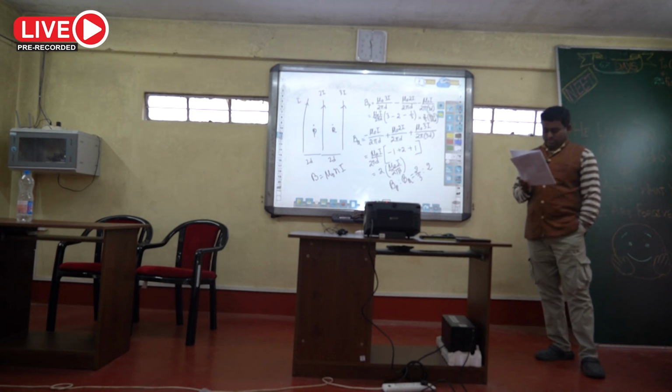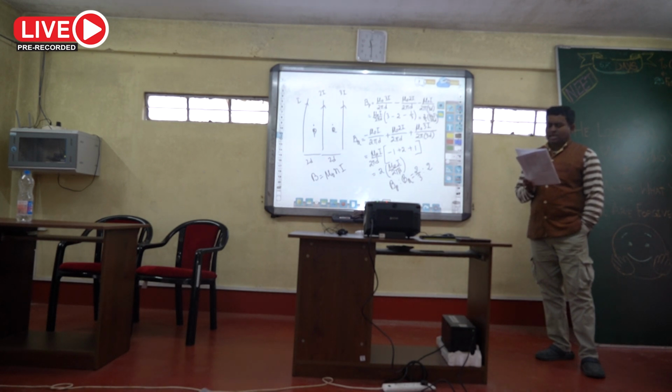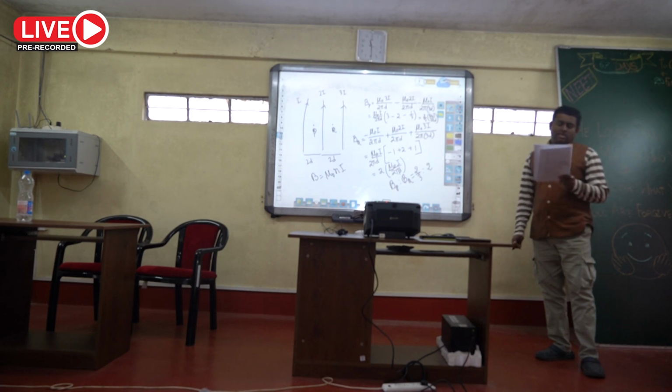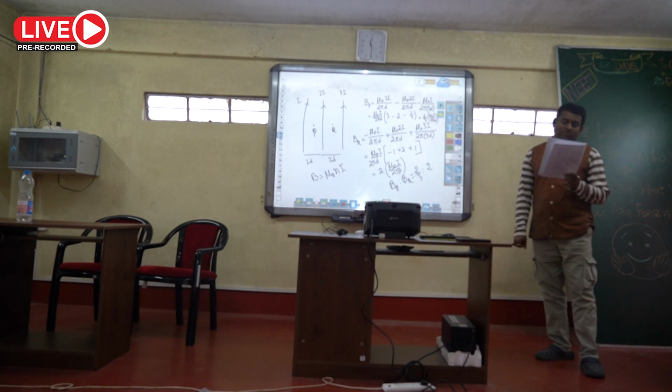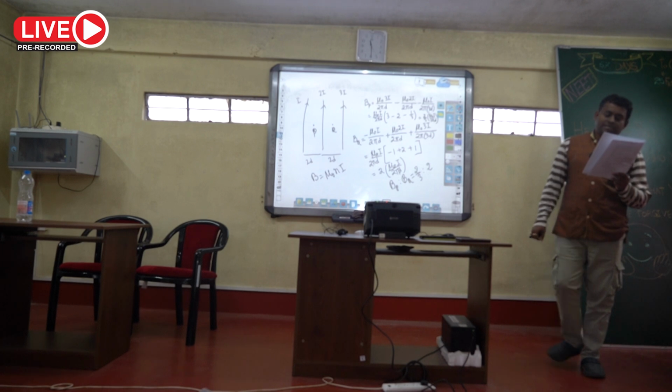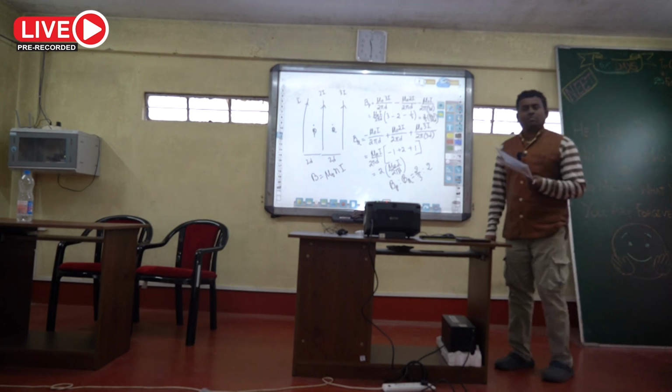Okay, next, 31. A charged particle having charge 2 coulomb is thrown with velocity 2 i cap plus 3 j cap inside a region having E equal to 2 j cap Newton per coulomb and magnetic field 5 k cap Tesla. Find the Lorentz force acting on the particle.